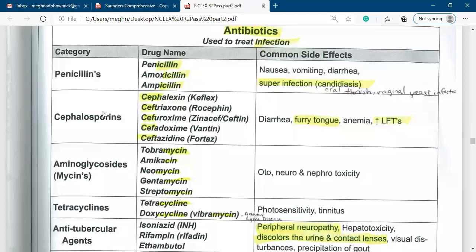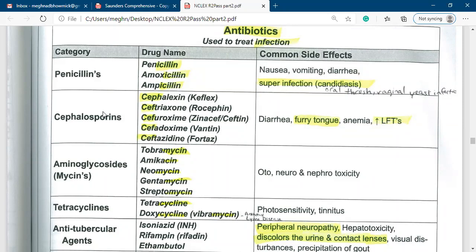Also, if you give penicillin to a patient in hospital, you have to monitor for any kind of allergic response. Allergic response is usually expressed by shortness of breath or skin rash.